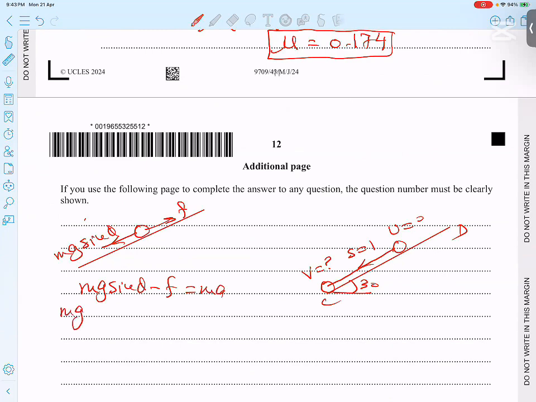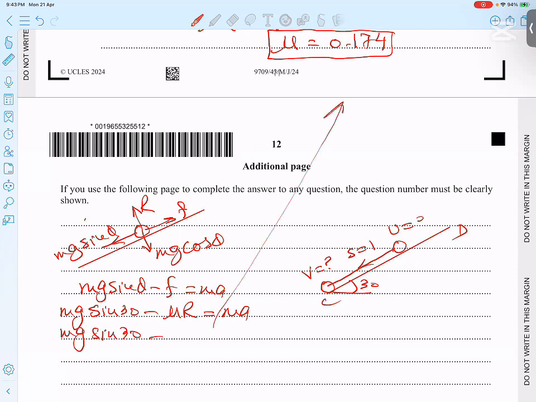Mg sine 30, and friction is mu R equals ma. And R, which I did two or three times in the previous part, is mg cos theta. So mg sine theta minus mu, which I have, 0.174, and R is mg cos 30, is equal to m times a. Mass cancels.